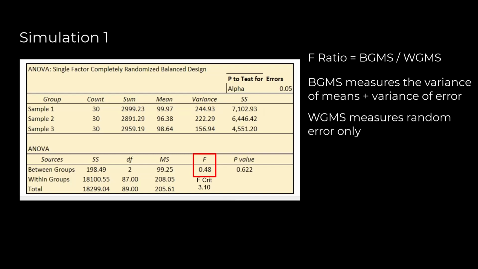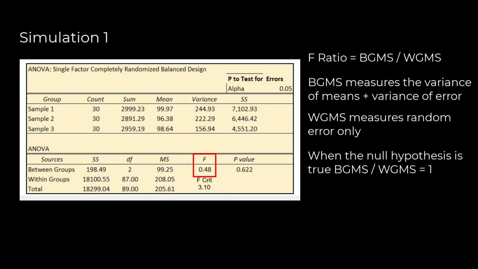When the null hypothesis is true, as it is in this case, both the between groups mean square and the within groups mean square are estimates of the same quantity, the true population variance. Because they both are estimates of the same value, their ratio should be equal to 1 if the null hypothesis that there are no differences between the population means is true.